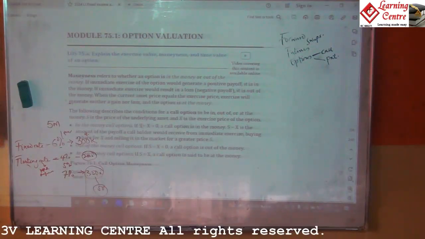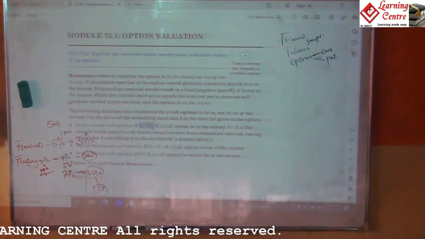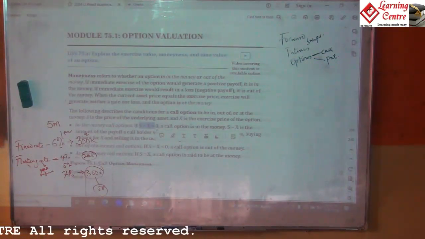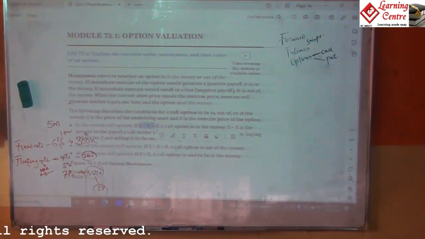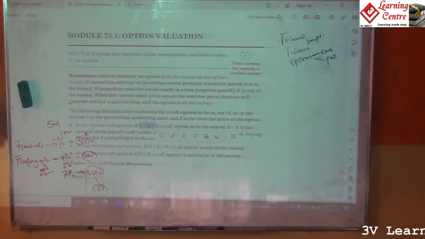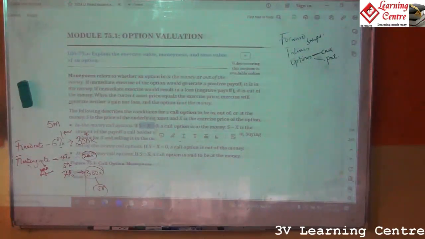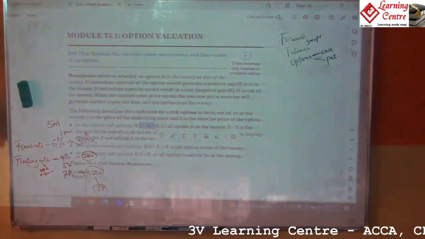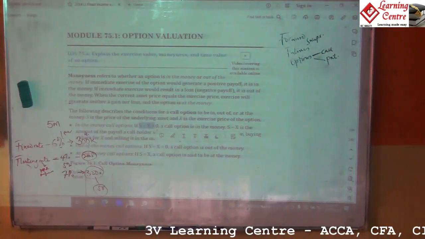What does that mean? Remember, the call option is to buy. I have said I'm going to buy this derivative at a particular price. Now the price today is greater than the price I agreed to. So it means I'm going to exercise the option. I would prefer to go ahead with the price we have agreed, because I can buy it cheaper from you than I can buy it from the market.